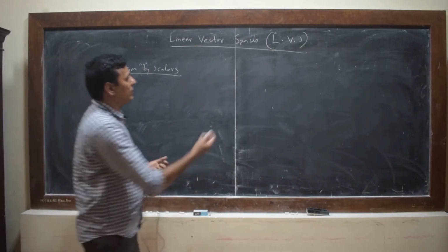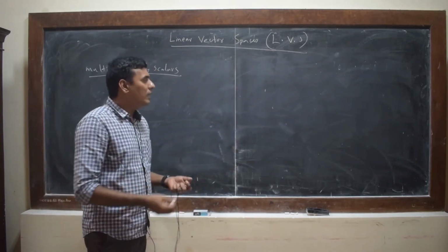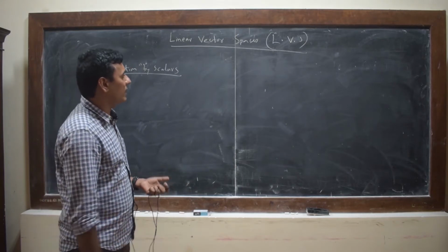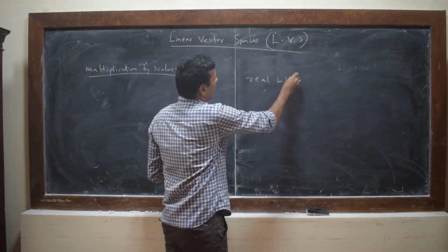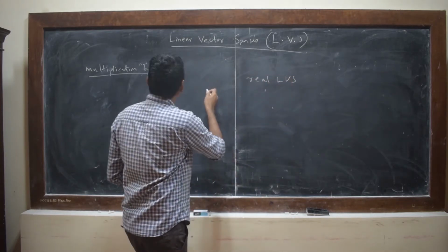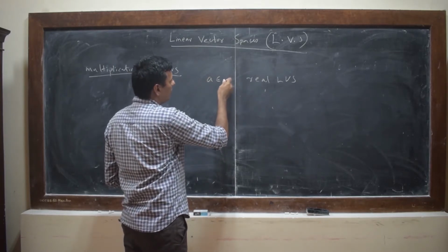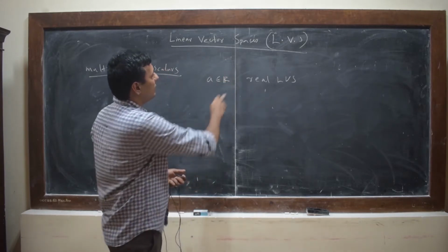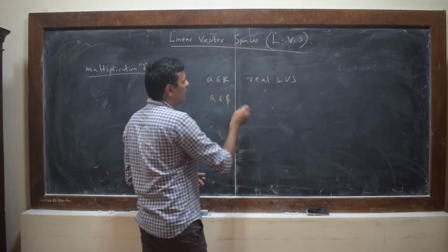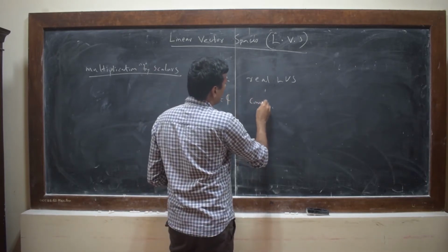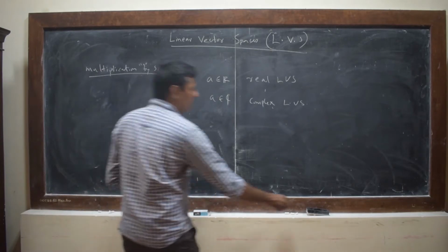The scalar can be a real scalar or a complex scalar. If the scalar, which I call A, belongs to R, then you say that it is a real LVS, or if A belongs to the complex space, then you say that it is a complex LVS.